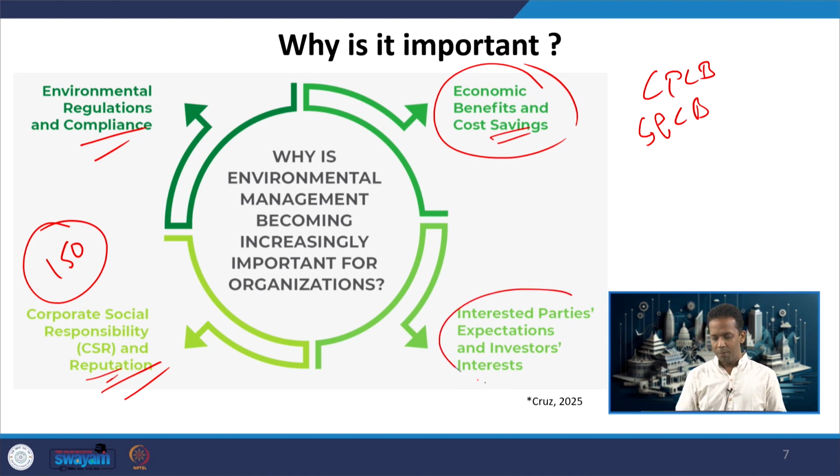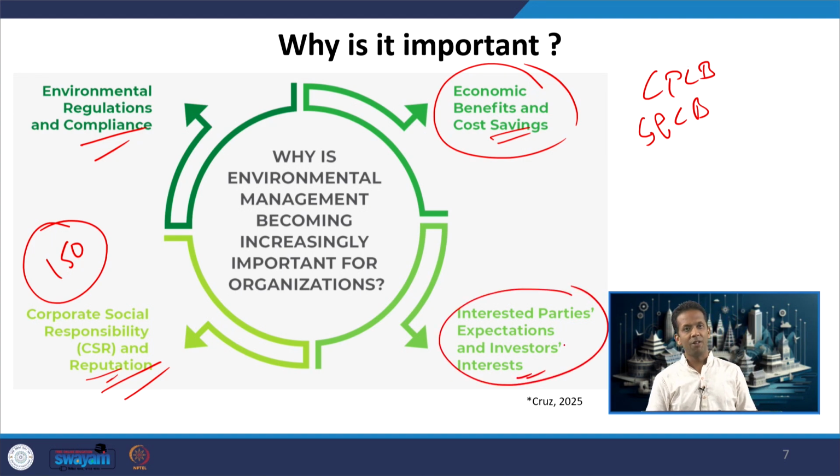Then interested parties' expectations and investor interest. Like I said, since people are becoming more aware about environmental laws and legislations, both from the customer side as well as from the investor side, they are keen on investing in those companies which are more eco-friendly or which are concerned about environment and sustainability more.